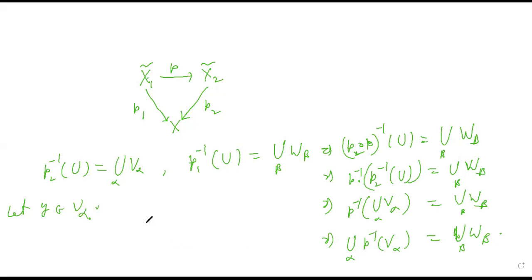Then now P inverse V alpha naught, this is connected, right? Sorry, this V alpha naught, because U is open connected. So P2 inverse U is a disjoint union of these.